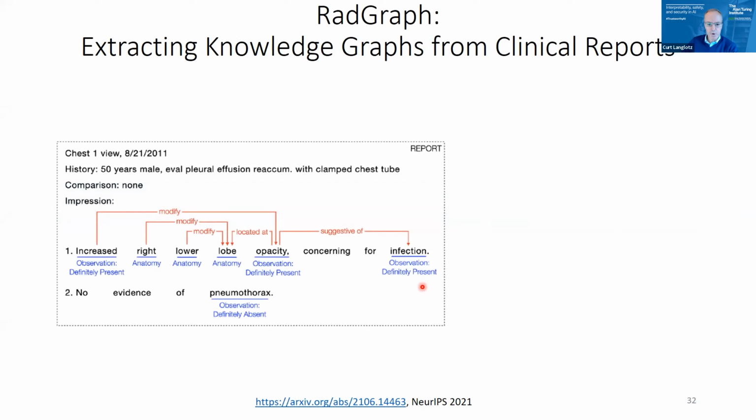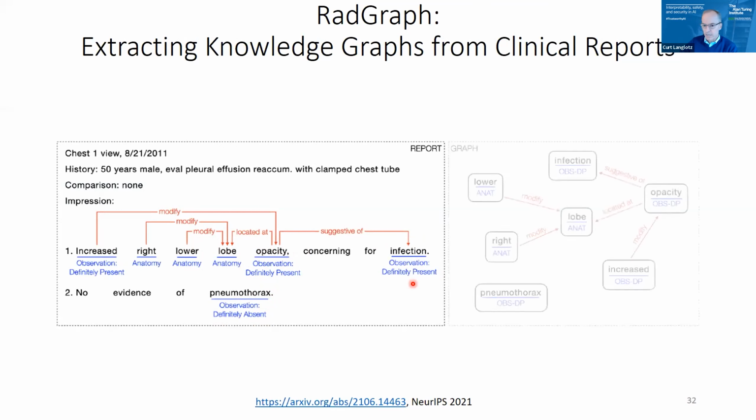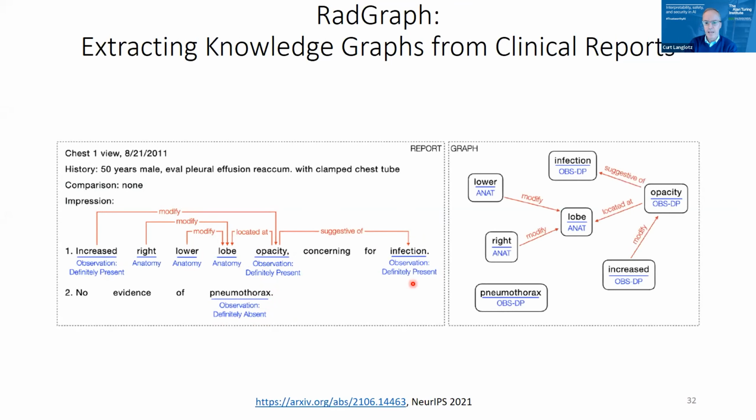So we're extracting both entities, like an opacity, an infection, pneumothorax, as well as the relations between them. So here we have an opacity that is located in the right lower lobe. It's increased and it is concerning for infection. That kind of information, essentially a small knowledge graph, can be used very effectively as a way of labeling large numbers of training data.